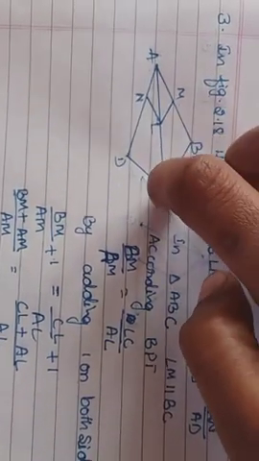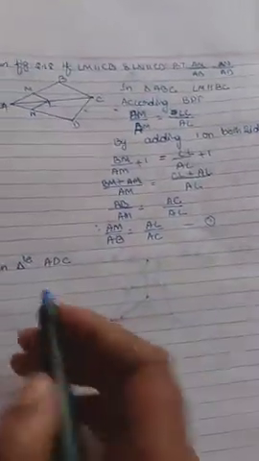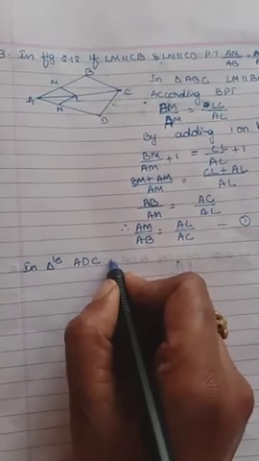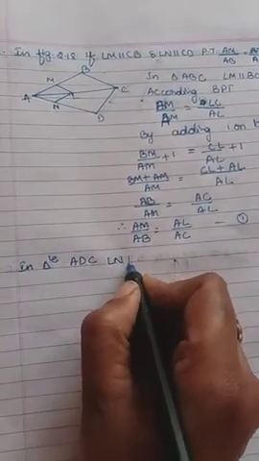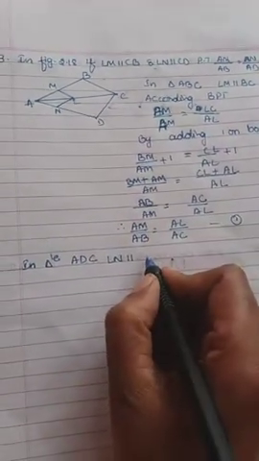In triangle ADC, LN is parallel to DC, or CD, however we take it.